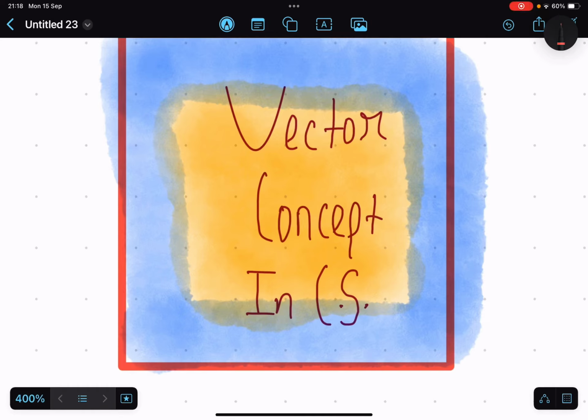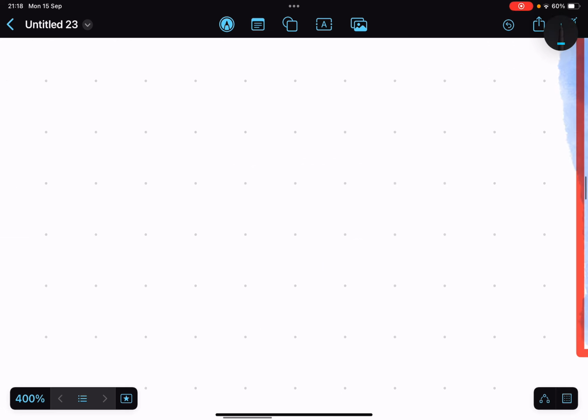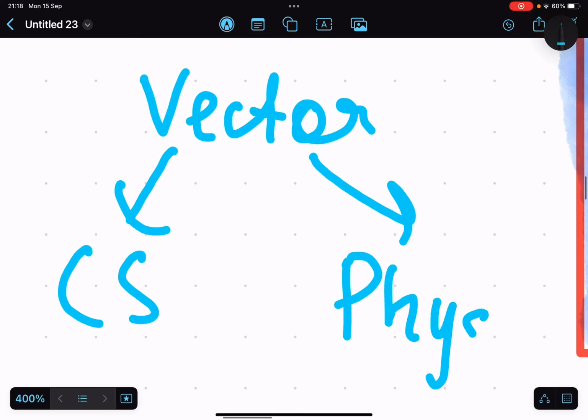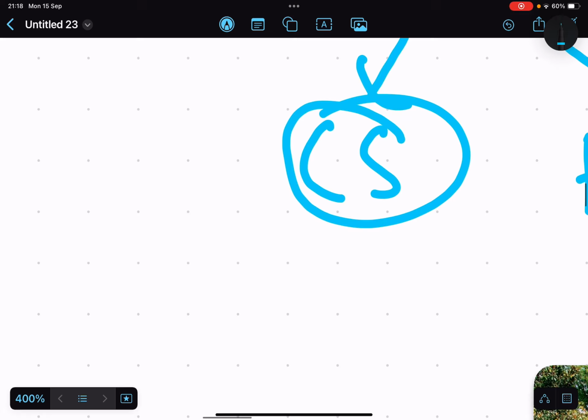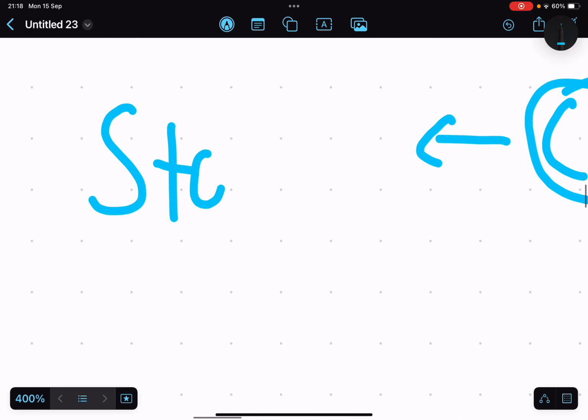concept in computer science. Now, we use vector differently, not that differently, but sort of differently in computer science and physics. Today we'll be discussing how we use vector in computer science. So the main job of vectors in computer science is to store data, but not just store data systematically.